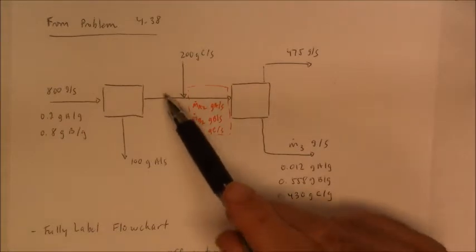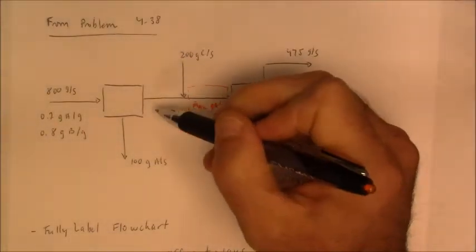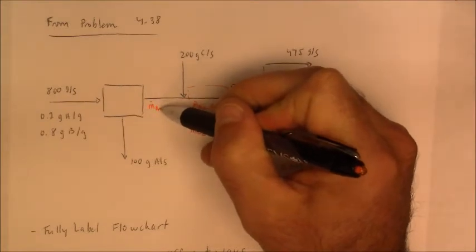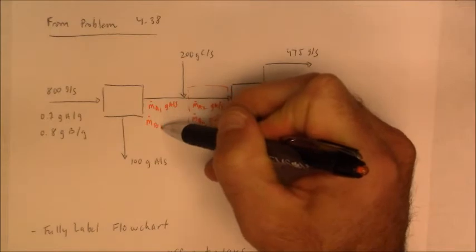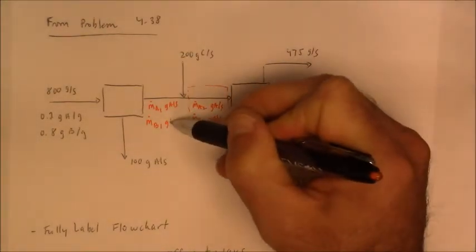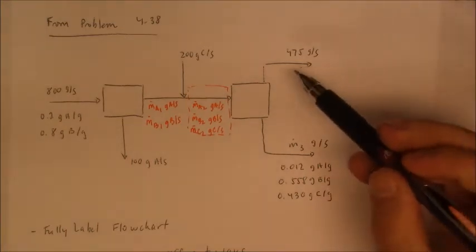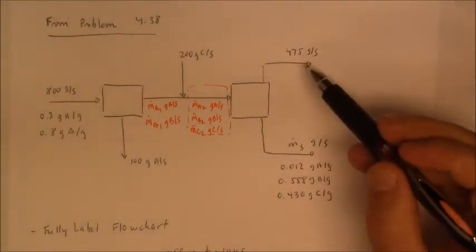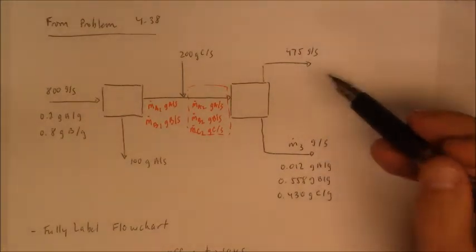In this stream, we know we have also A and B, so I'll call this M1, so MA1 grams A per second, and MB1 grams B per second. So finally, we just need to label the composition of this stream coming out. Okay, so we have A, B, and C that can exist in this stream.